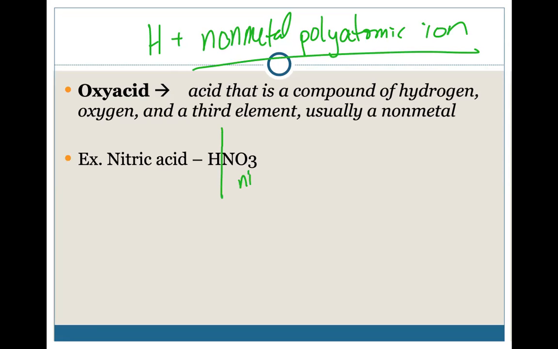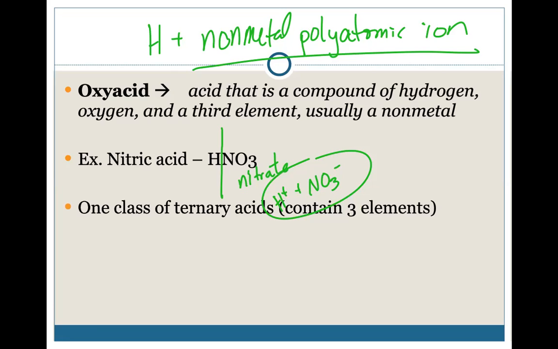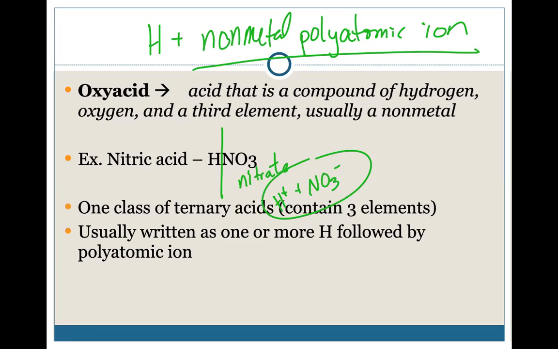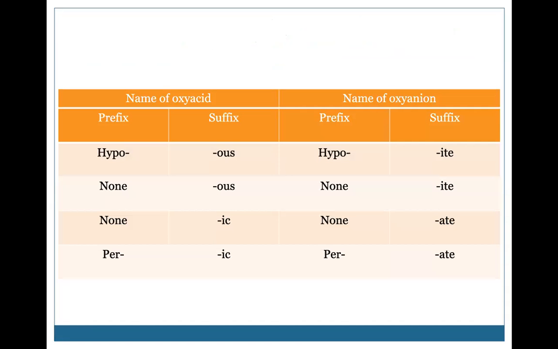So I look at this as nitrate, which is NO3 minus, and then enough hydrogen to neutralize that negative charge. So that would be 1 hydrogen. Okay. So these are also called ternary acids because they contain 3 elements, although honestly, that's not that important. Right. So this is what I usually use to remember it. It's 1 or more hydrogens followed by the polyatomic ion. And this is how I actually remember how to name them.